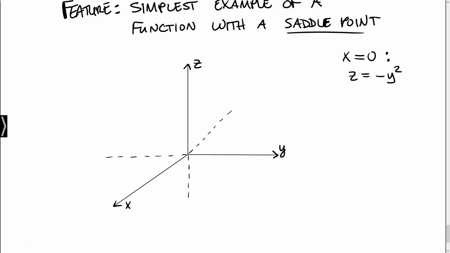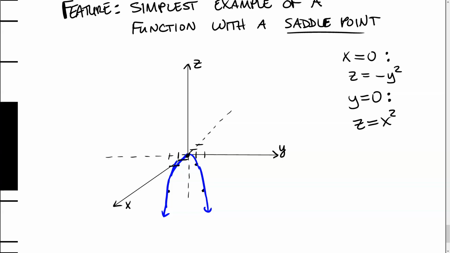So if you look at z and y, so normally this would be like the xy plane for us. So it's just a parabola opening down. And in the other direction, so now if we set y equal to 0, now we get z equals x squared. So now what we're doing is we're going along the x-axis, and it's going to open up.